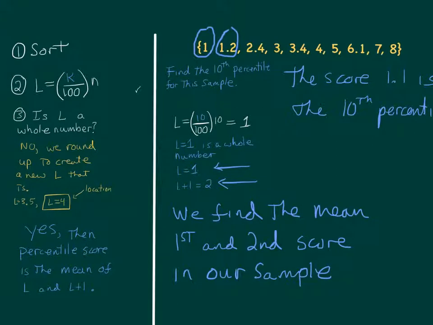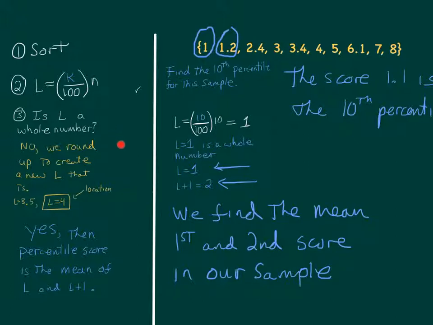All right. So again, let's just go over these steps. The first step is always to sort the sample that you're working with. Next, we compute an L value, where we take the percentile we're interested in divided by 100 times n, which is the number of observations in our sample. Then we could head in one or two directions here, depending on whether that L we just computed is a whole number.